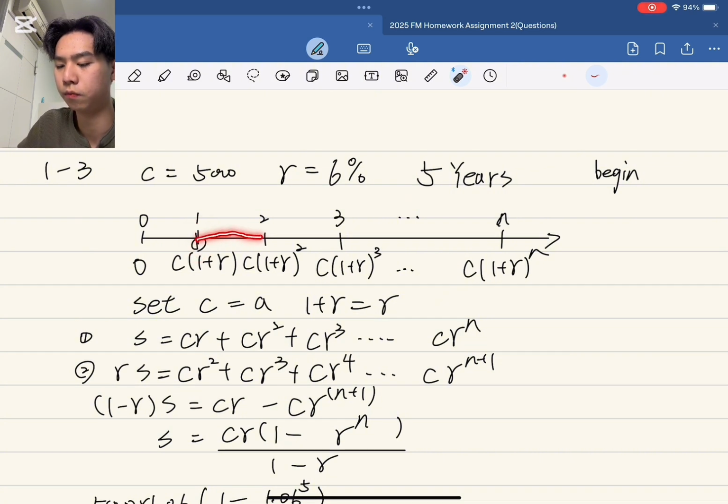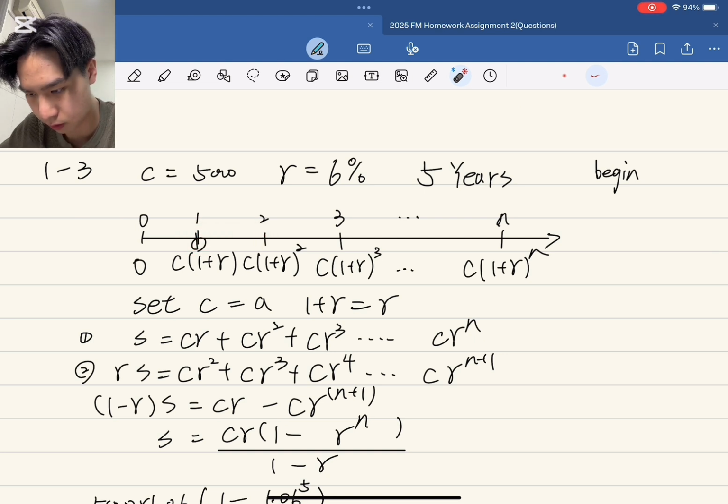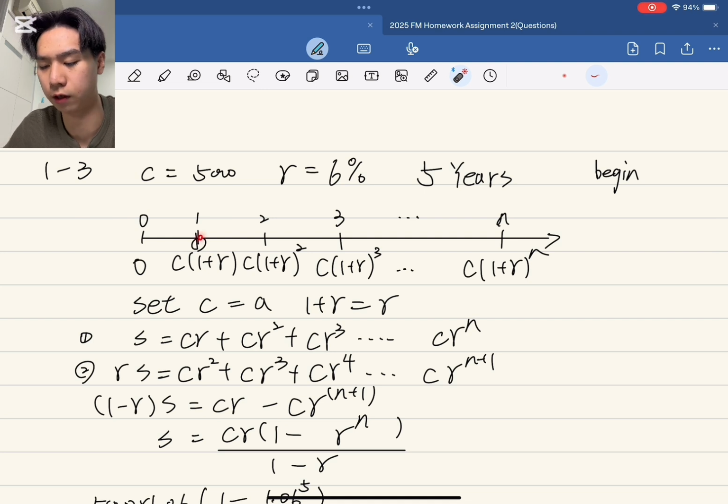Before the second year, I forgot to say, we will receive the second cash flow. So as the first year passes, our first cash flow, 5,000, becomes this.